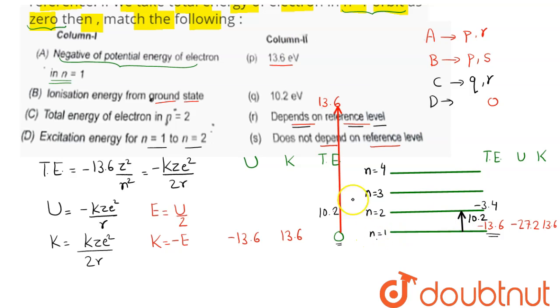Now when the reference level is n equal to 1, in this case also we have the excitation energy as final minus initial, which is 10.2 electron volt. So in both cases the excitation energy comes to be Q, and it does not depend upon the reference level. Hence S. So here is the correct matching: A matching with PR, B matching with PS, C with QR, and D with QS. Hence this is our answer.